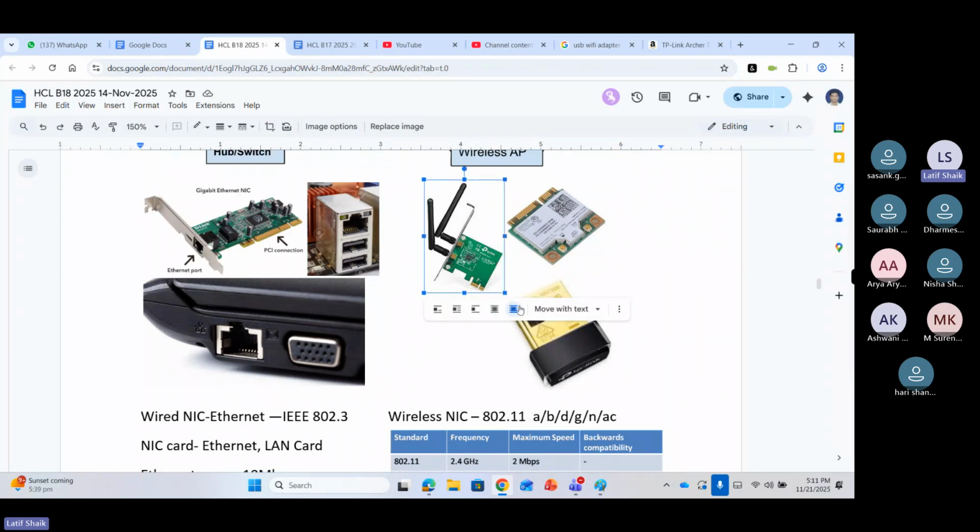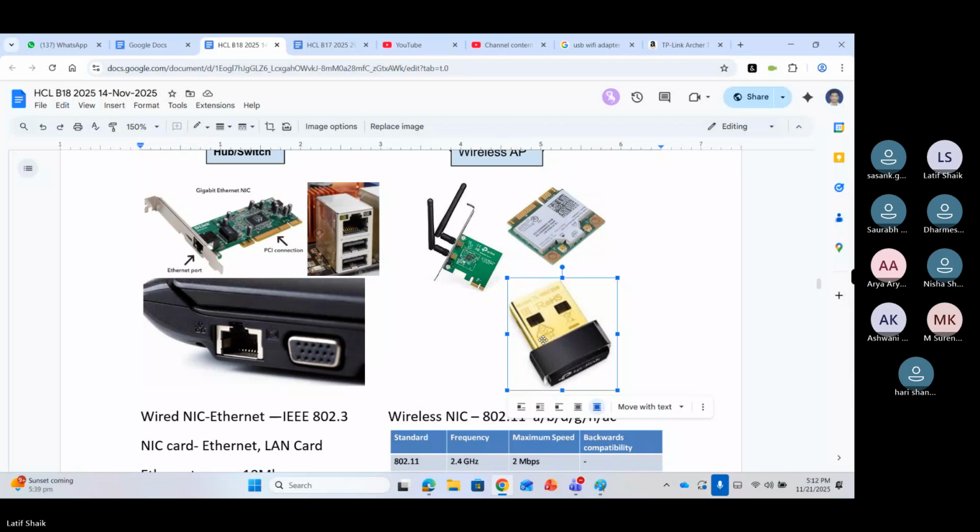So what is the second point? If you have an older system whose built-in adapter does not support the newer version, supporting only 2.4, not 5, and I want to connect with a 5 GHz connection, I will go with the simple USB solution.